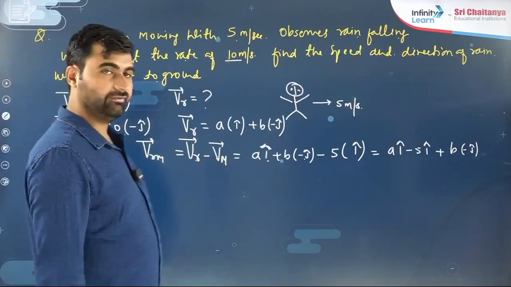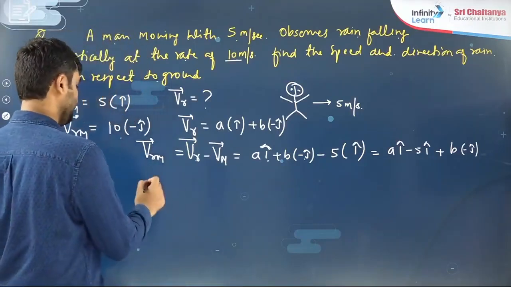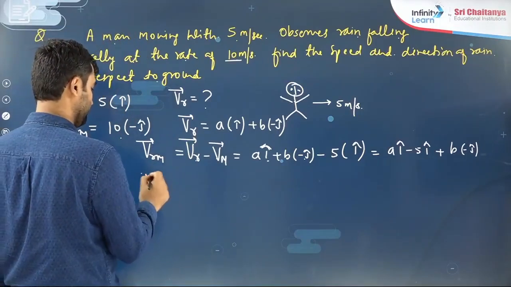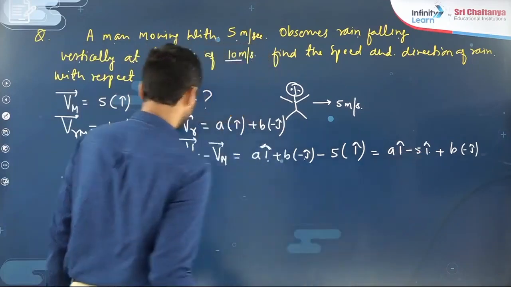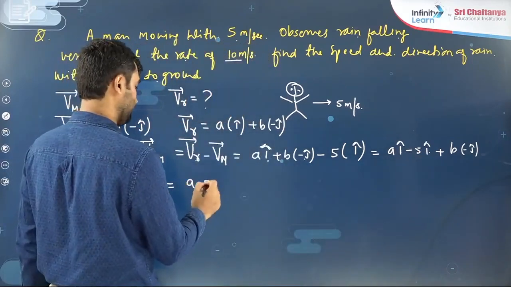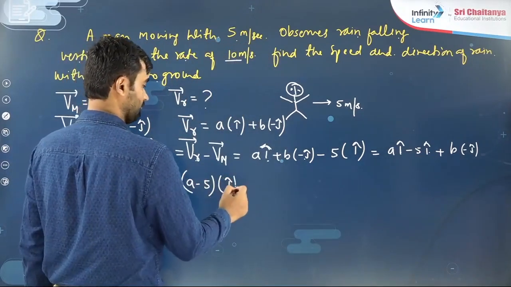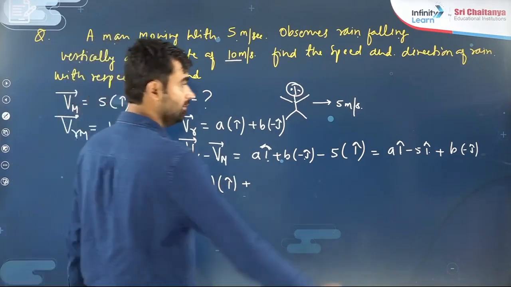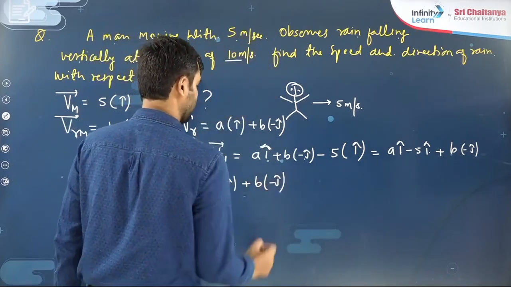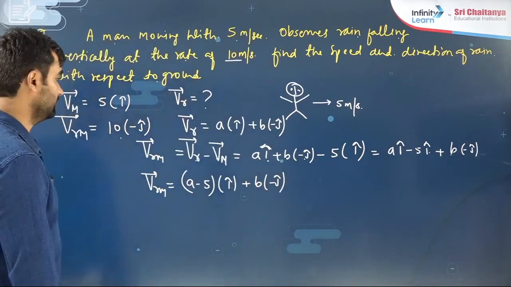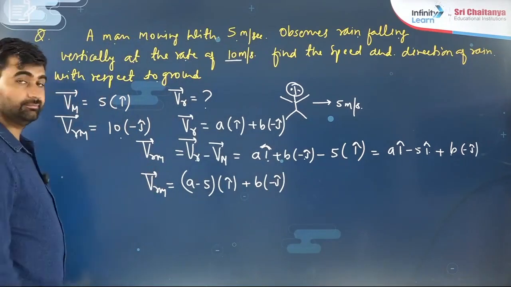So we calculated V_RM. So how much is it? So V_RM value is, here we can take i cap common. So it becomes (a minus 5) i cap, then b minus j cap. Clear? Okay. So this is V_RM.